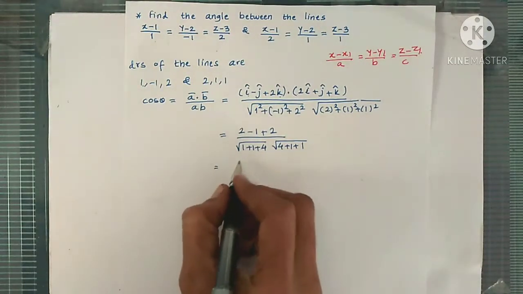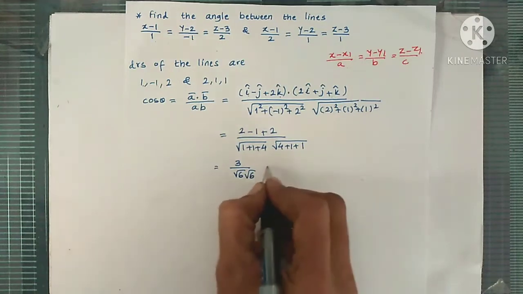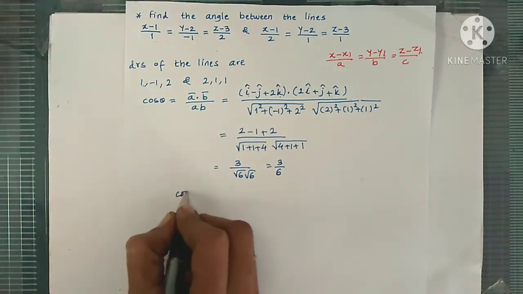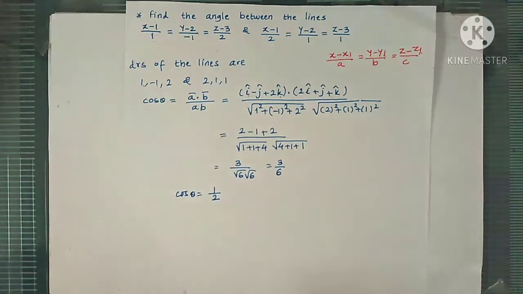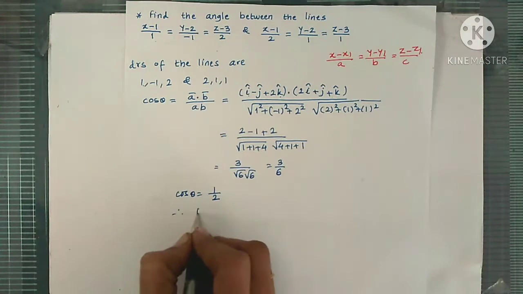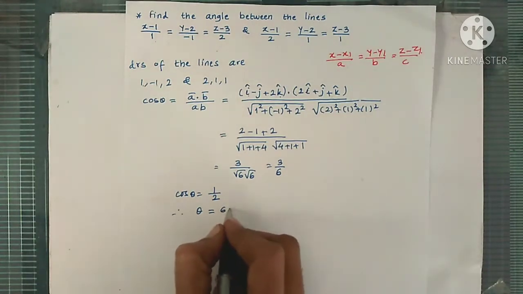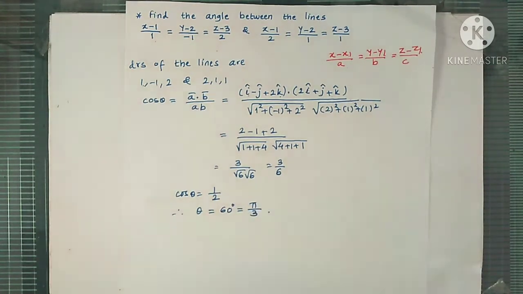So this is 3 upon root 6 into root 6, that becomes 3 by 6. So cos theta is half. Therefore angle theta is 60 degrees, since cos 60 degrees is half, or in terms of radians it is pi by 3.